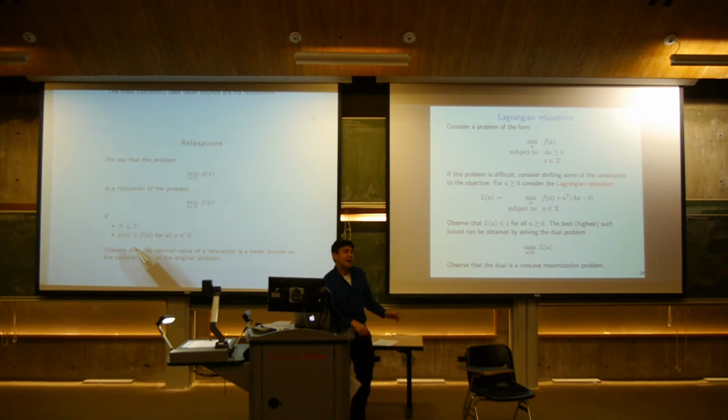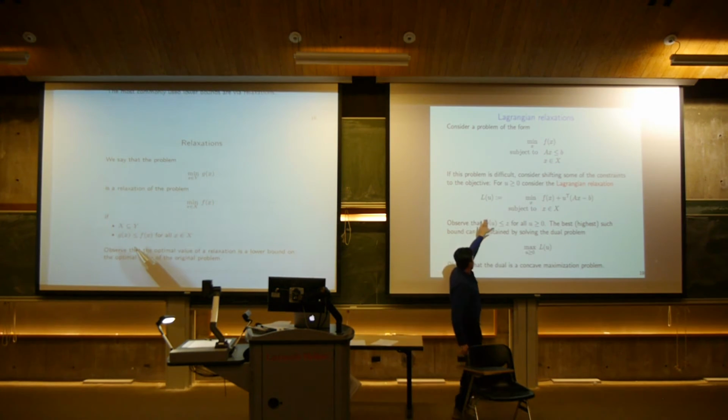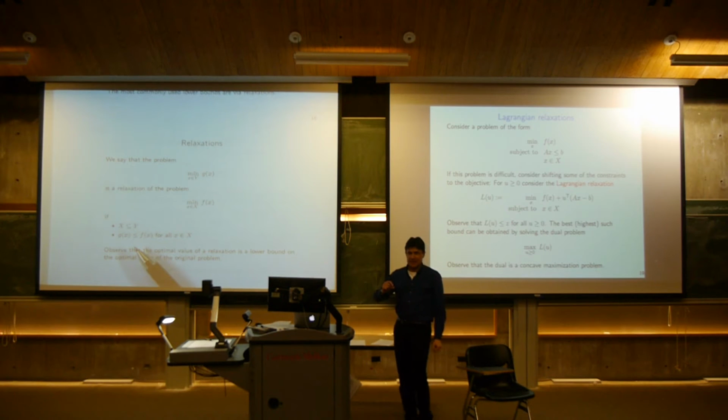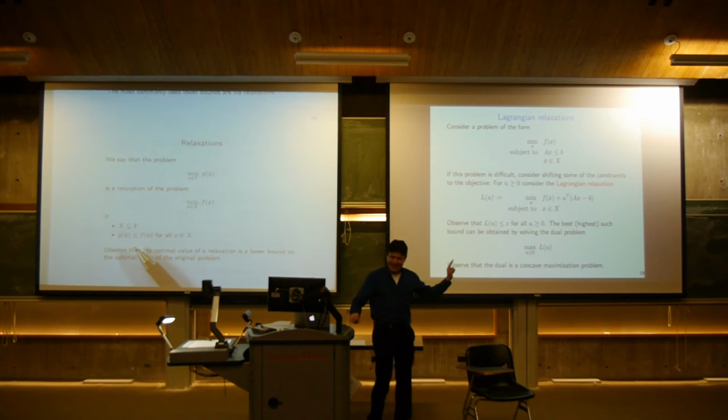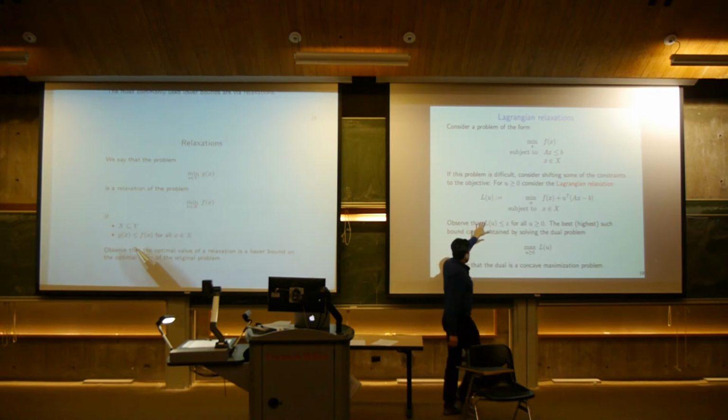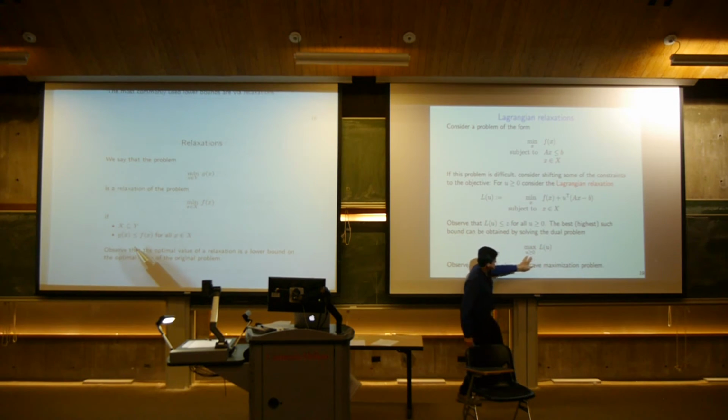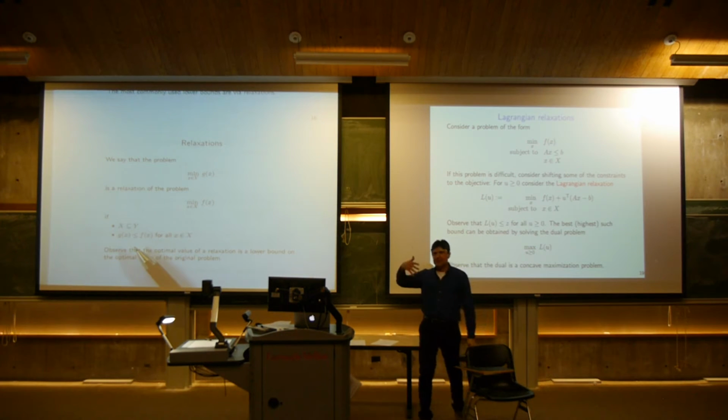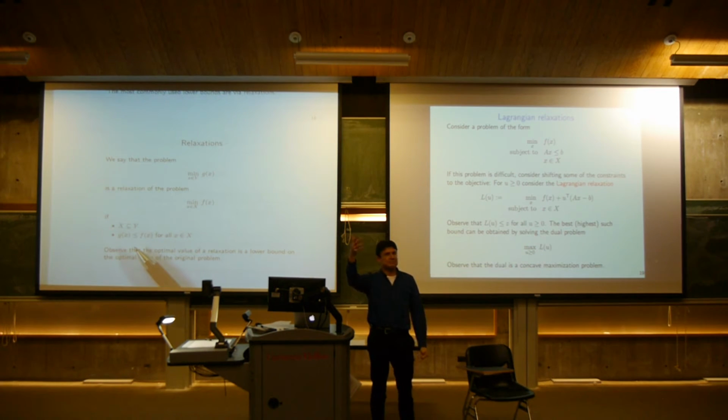Now, there is something very neat that happens here that is in a similar spirit to Lagrangian duality in convex optimization. This function, L of u, as a function of u, I'm minimizing here. So I claim that this is a concave function. And because it's a concave function, in principle we can solve this problem via convex optimization tools, what we have learned in the last 3 to 4 months, right?